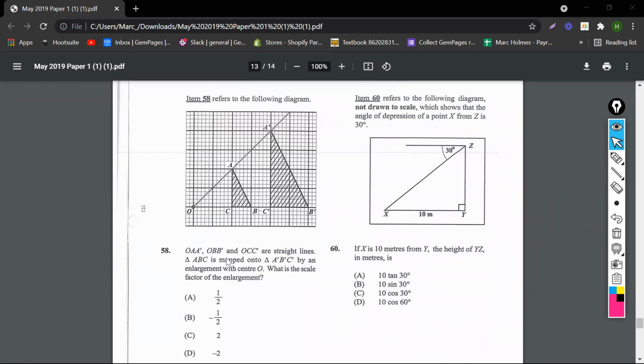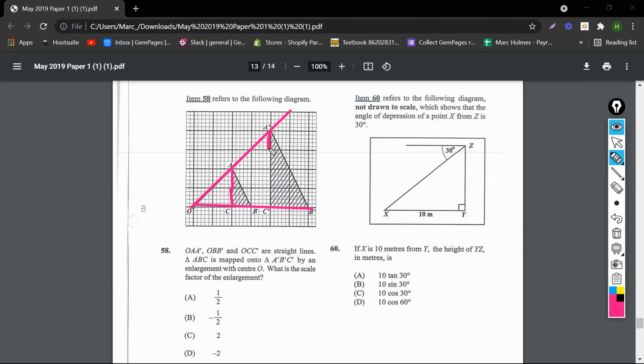Let's look at 58. 58 shows an enlargement for sure. Let's look at it, guys. So that's the enlargement. And guys, if you see the enlargement, you can see that there's 1, 2 here.